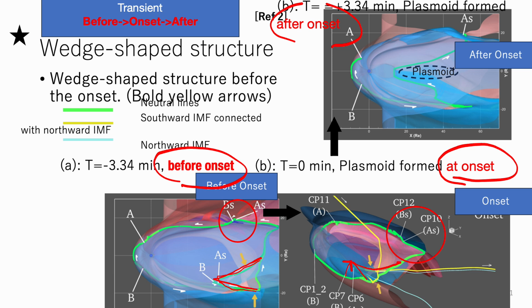What we can see here is a special topology we show later. However, the outside magnetic field is penetrated from the dawn side lobe of the magnetosphere, and after the magnetic field penetrates from this dawn side lobe, a complete wedge type neutral line is completed just after onset.